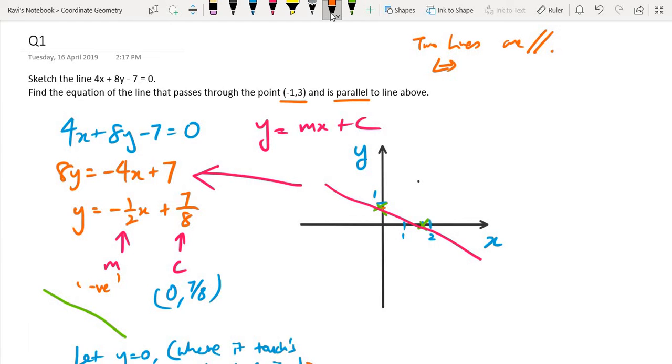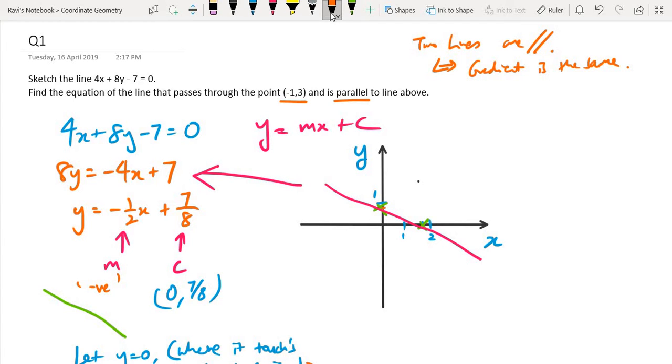It means that the gradient is the same. That means the second line, the one I'm supposed to find the equation for, is going to have the same slope. It can be either above this line or below this line.